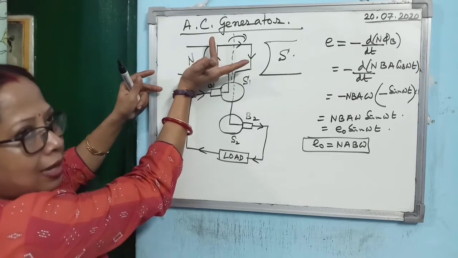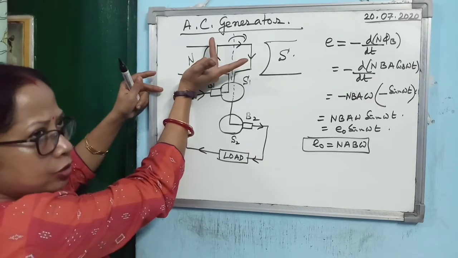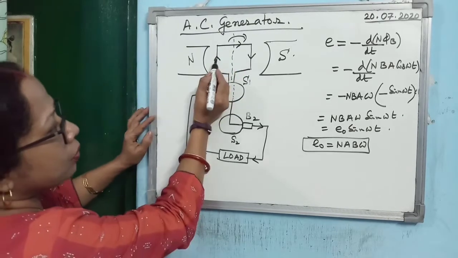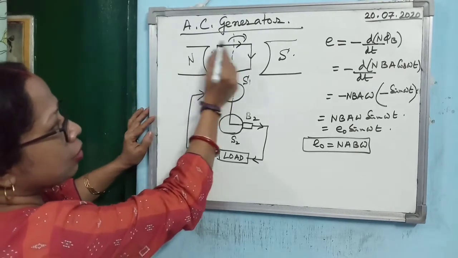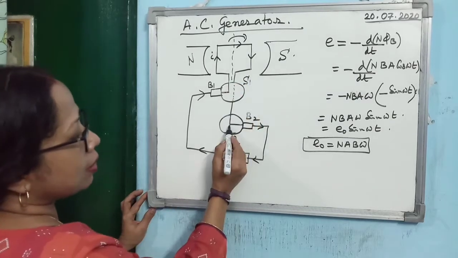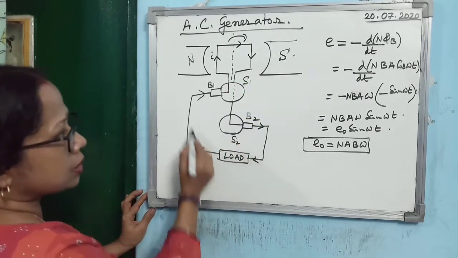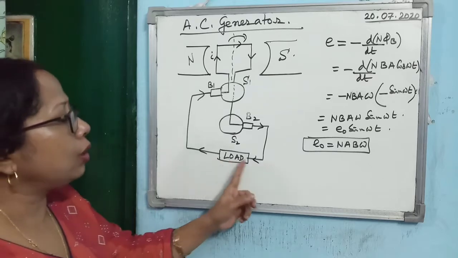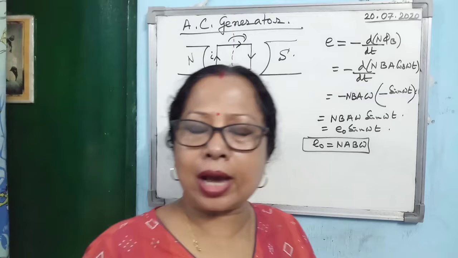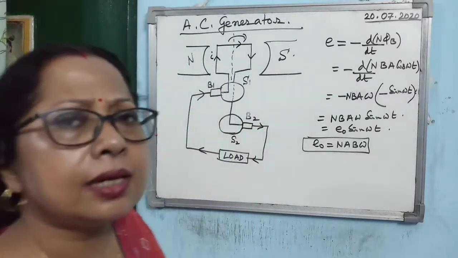Applying Fleming's right hand rule, also known as the generator rule, the current passes in the coil along this direction. The current comes here, then passes through the carbon brushes, and through the load the current passes from right to left.